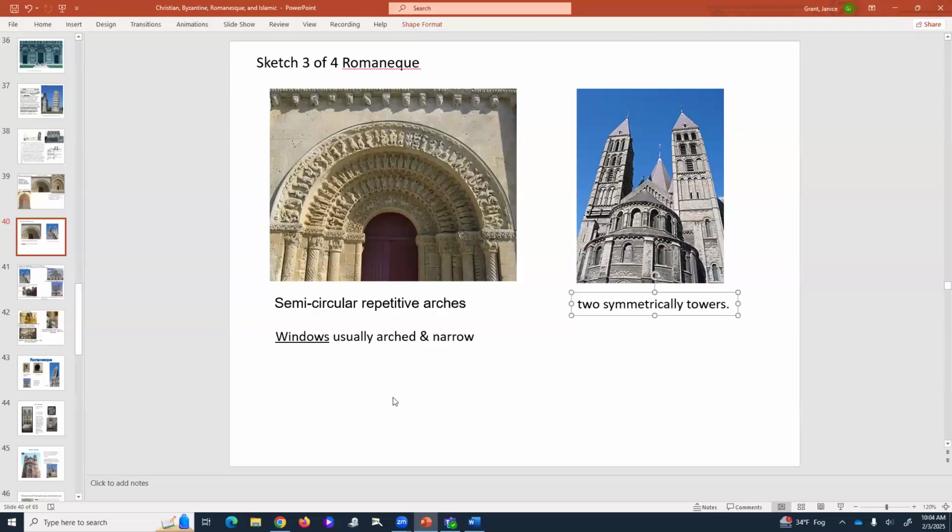All right, so what are we seeing? We're seeing these semicircular repetitive arches. We're also going to see the two symmetrical towers. The windows that are usually arched and narrow.